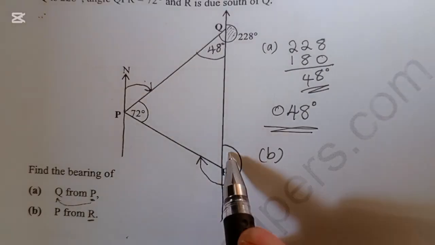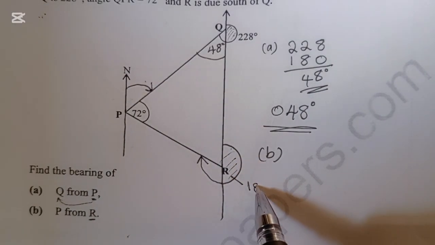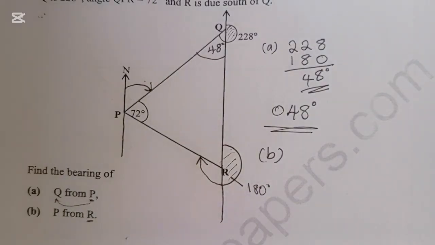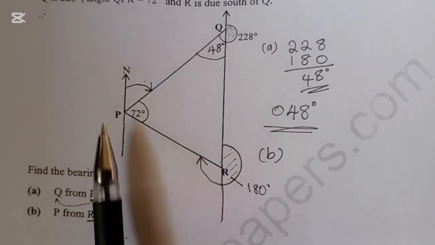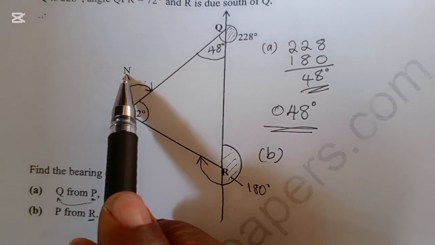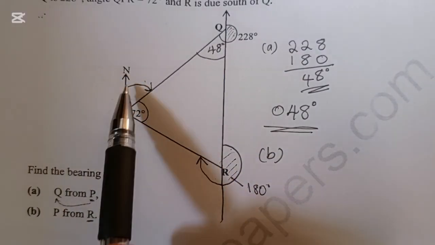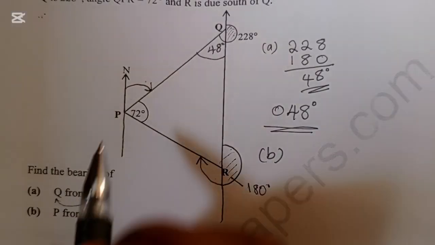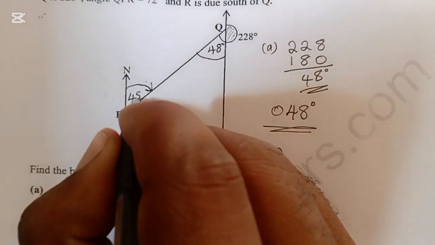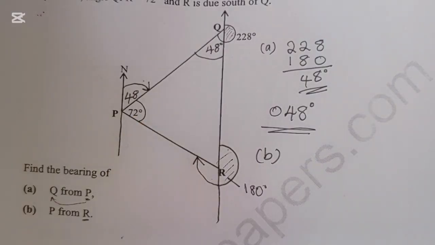So already this is a straight line. So a straight line is 180 degrees. Now what about this angle? Remember that this is a true north and this is a true north. So the two are parallel. So I'm going to make a Z. So this angle is the same as this angle. So 48 plus 72, we are going to have 120 degrees.